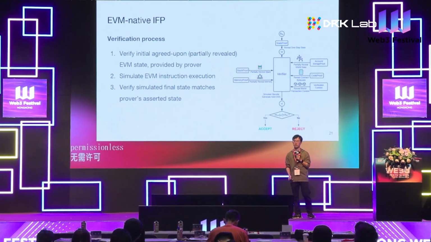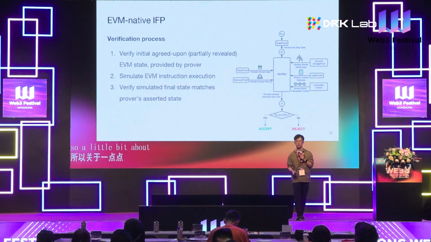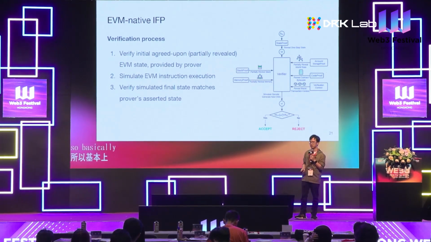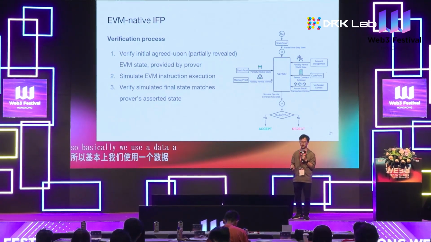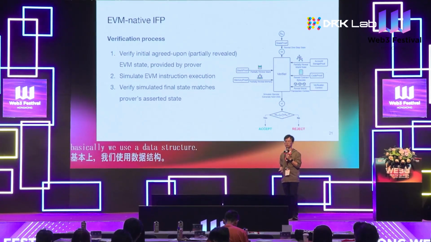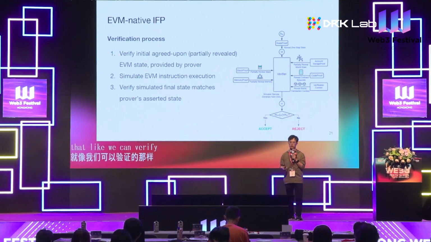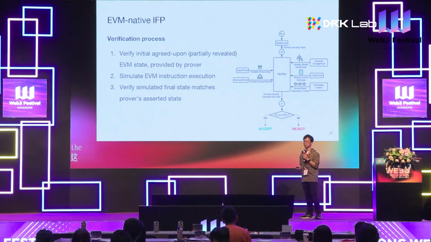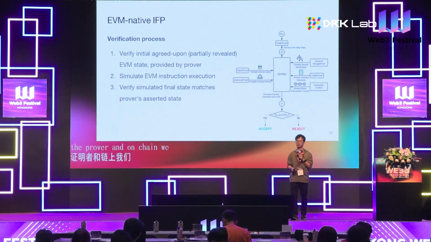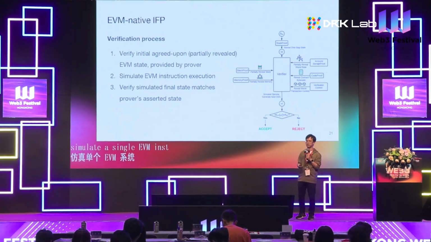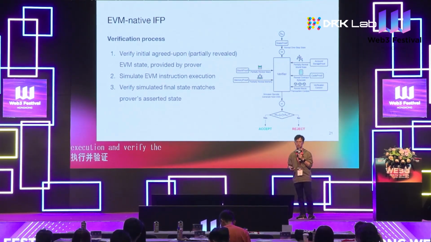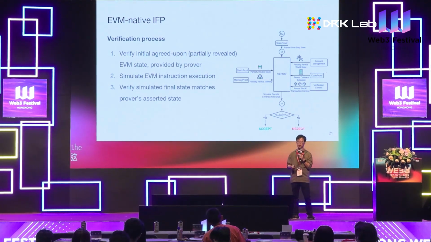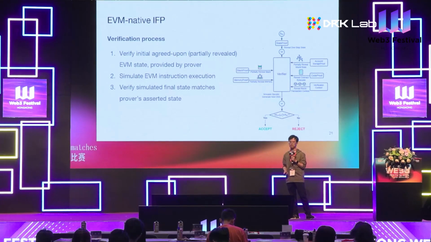A little bit about how the interactive fraud proof verifier is implemented. Basically, we use a data structure with which we can verify the initial agreed EVM state provided by the prover. On-chain, we simulate a single EVM instruction execution and check whether the simulated final state matches the prover's asserted state.